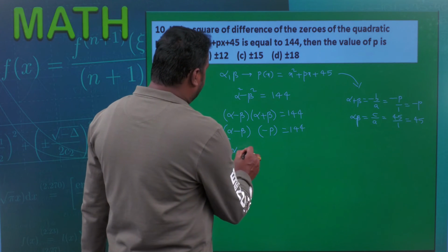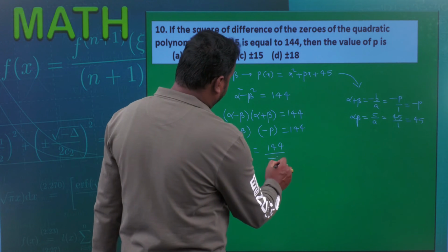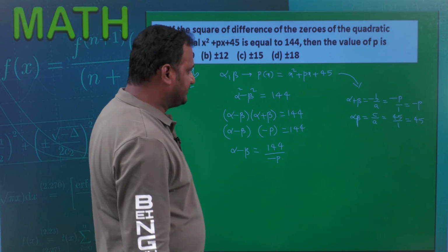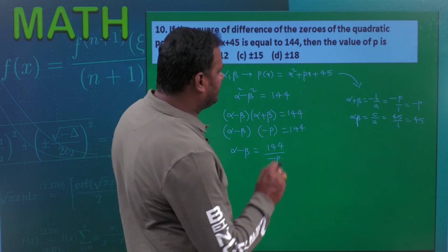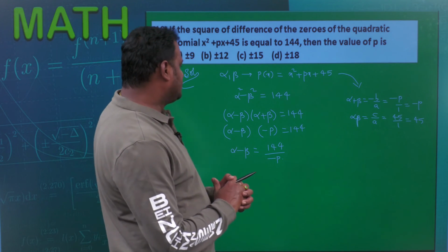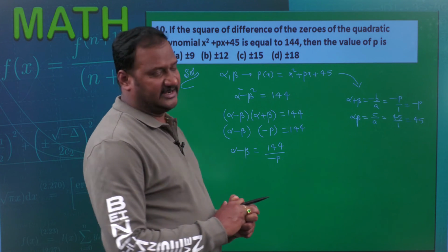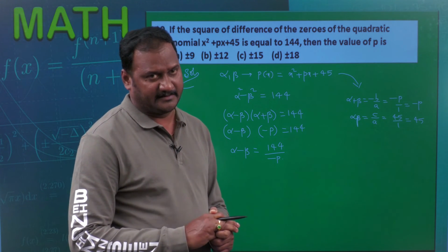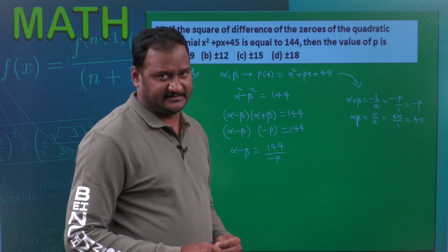So alpha minus beta is equal to 144 divided by minus p. That is the value of alpha minus beta, and alpha plus beta is already there. Alpha plus beta is equal to minus p. So how am I going to use this information in order to find the value of p? Right? Alpha minus beta is there and alpha plus beta is there.